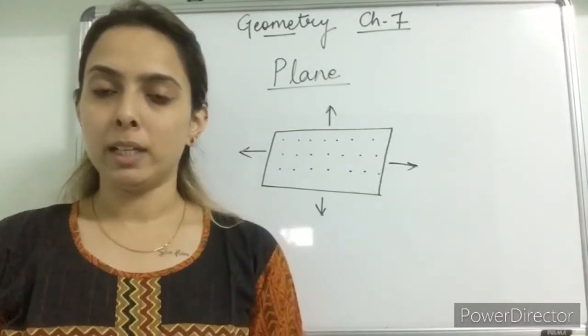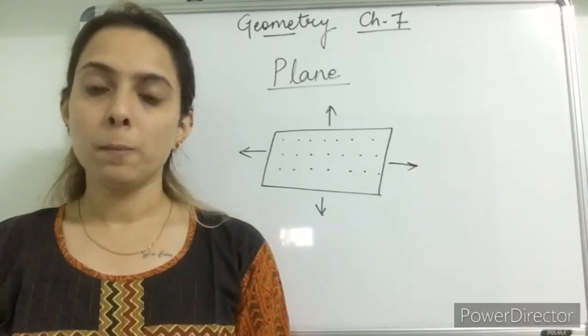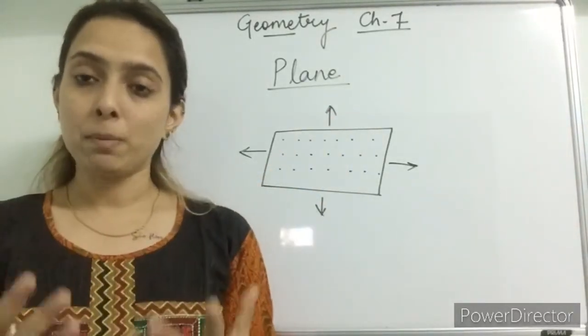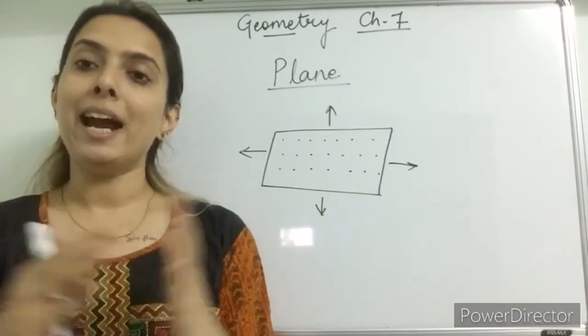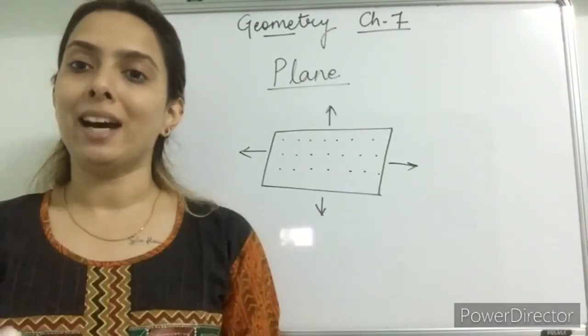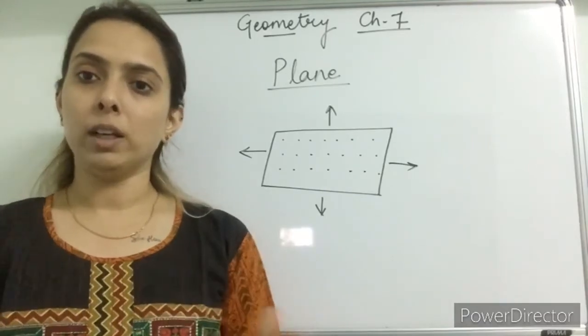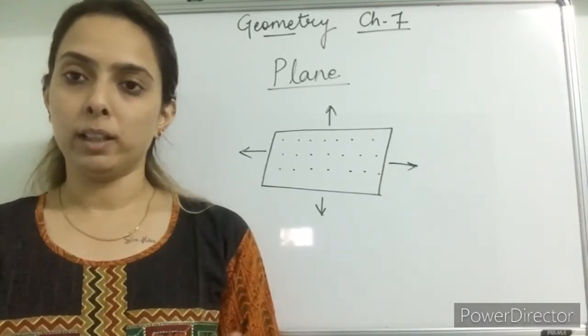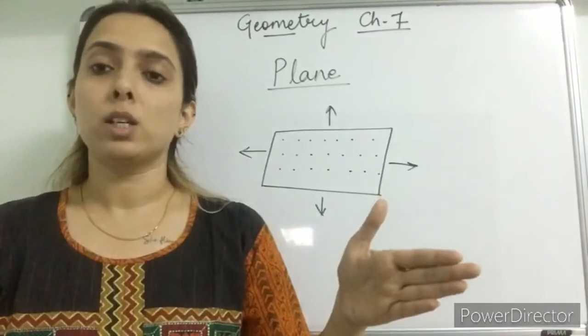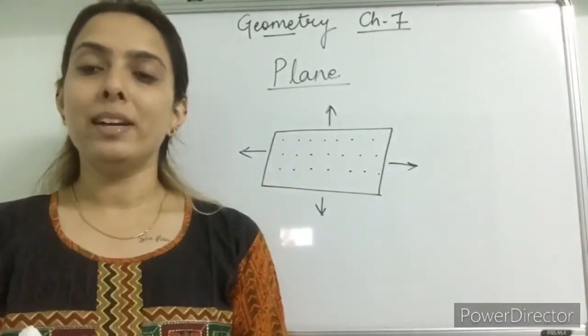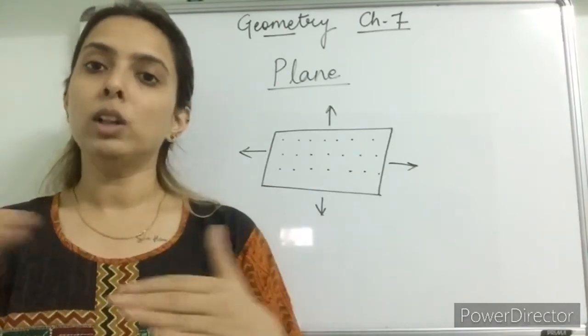What exactly is a plane? A plane is a figure which extends endlessly in all the directions. So imagine your table is extending in all the directions, in length and breadth. It is extending in all the ways, so it comes in the category of plane. A plane always extends in all the directions.